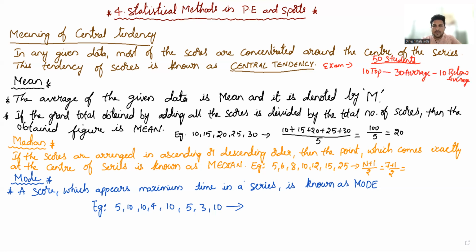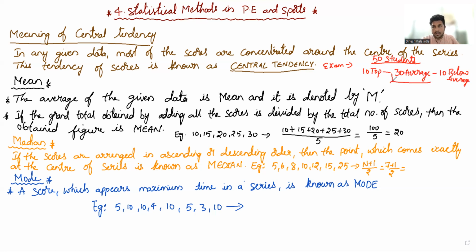So only 10 people have topped the exam, and 10 people are below average or failure students. But in between, there are 30 students who are falling in the average category, right?